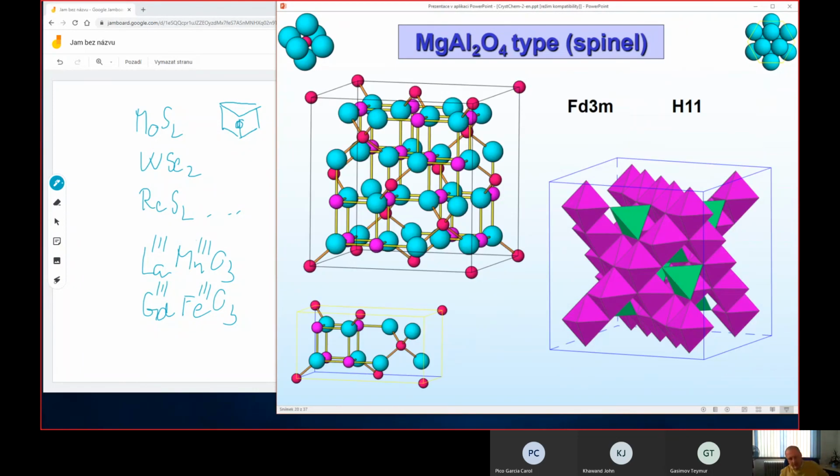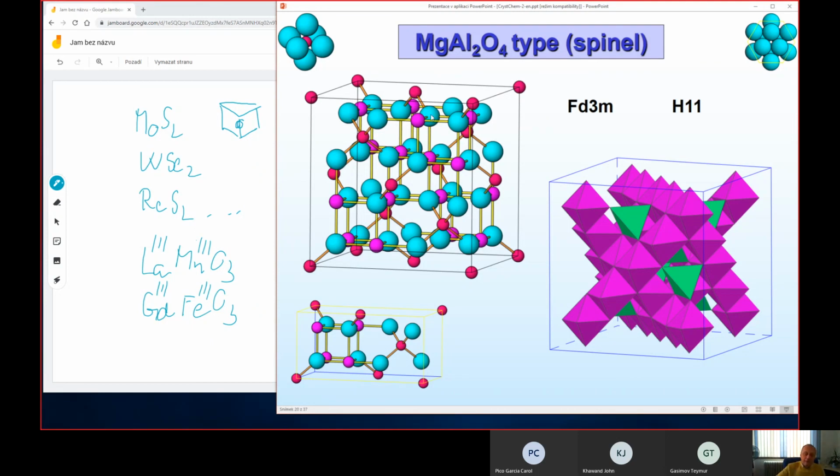The other ternary oxide, which has a quite frequently occurring structure, is the spinel. Here both cations are relatively small, but one is even smaller compared to the other one, or it prefers the tetrahedral coordination due to electronic configuration.